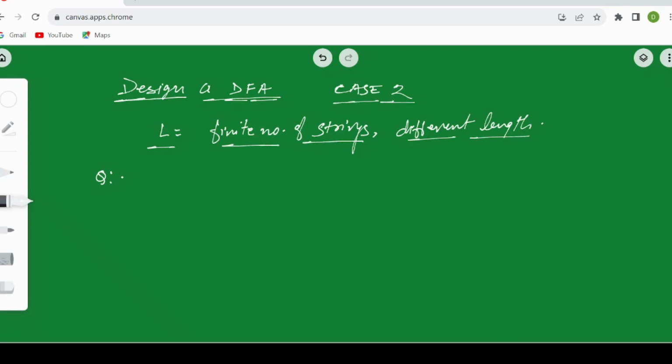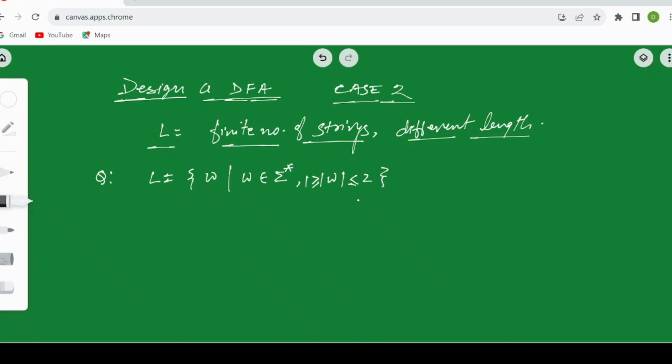You have to design a DFA for the language given as L equal to the set of strings W such that W belongs to sigma star, where the length of the string is greater than or equal to 1 but less than or equal to 2.